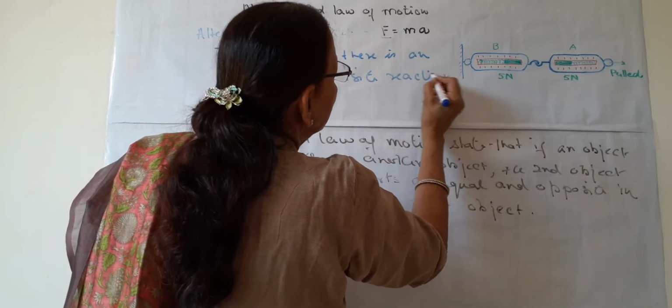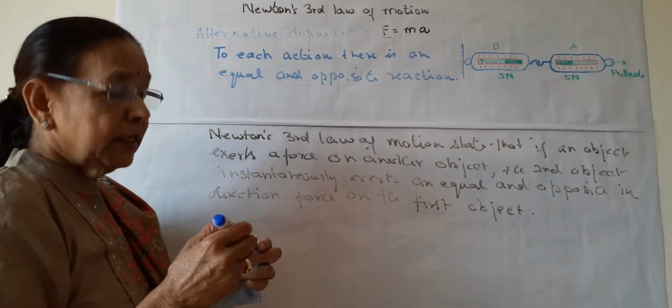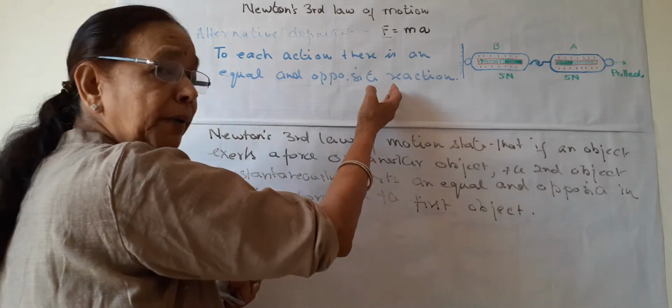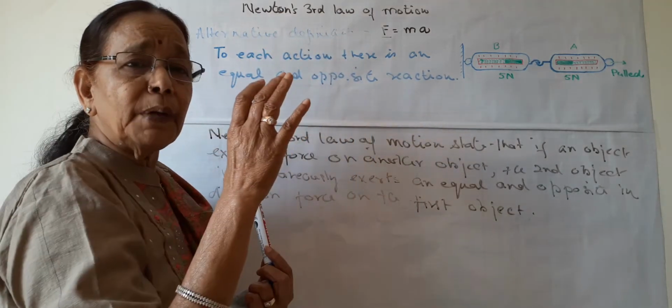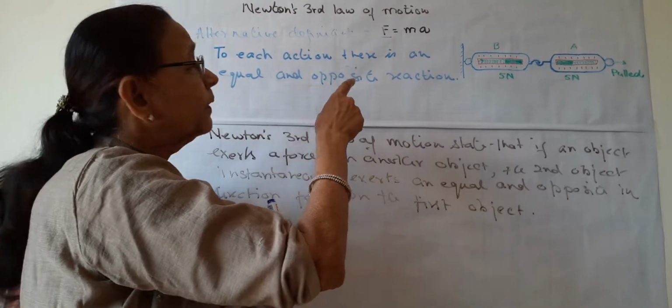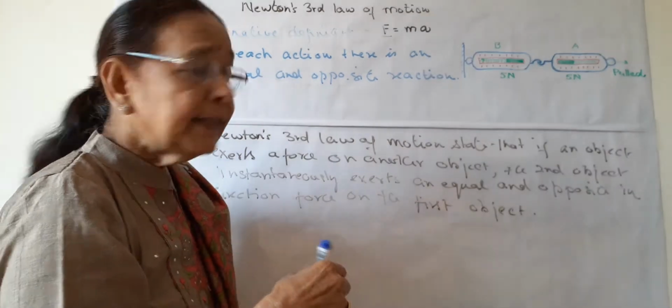So for every action there is an equal and opposite reaction. This is Newton's third law. Very easy to remember. You remember this definition by heart. What is this definition? To each action there is an equal and opposite reaction.